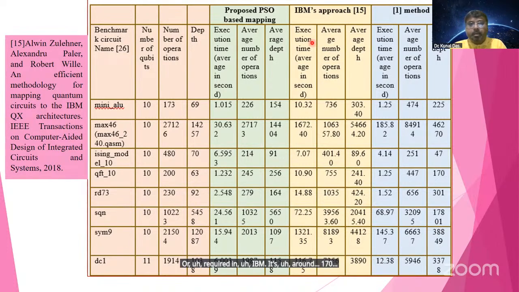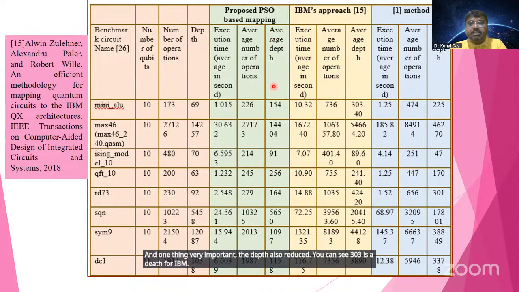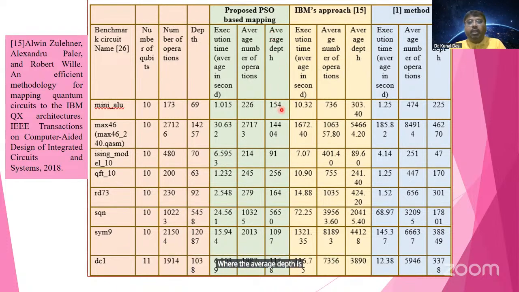Okay. And in our case, the average number of operations is 2 to 6. And one thing very important, the depth also reduced. You can see 303 is the depth for IBM, where the average depth is 154 in our case.